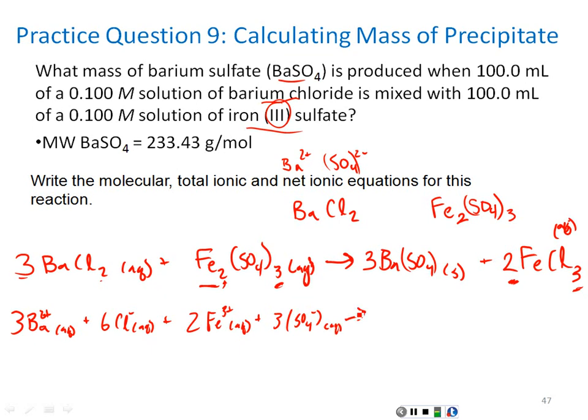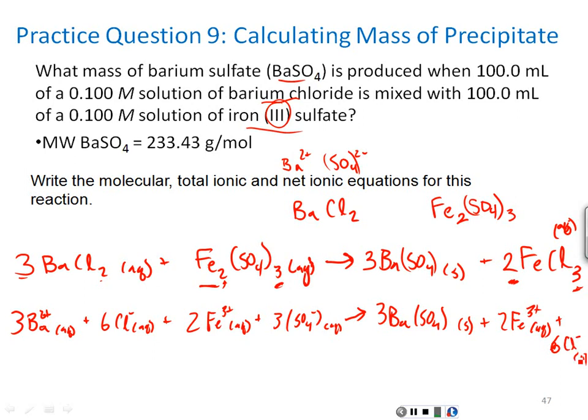This will go to 3 BaSO4 solid, plus 2 Fe3+ aqueous, plus 3 times 2, so we have 6 Cl- aqueous.